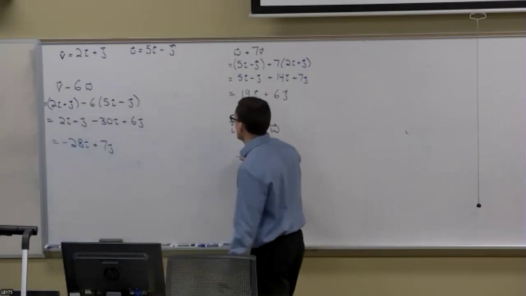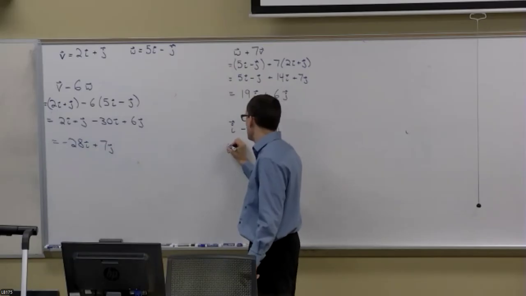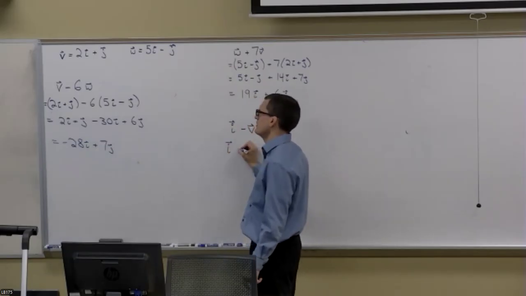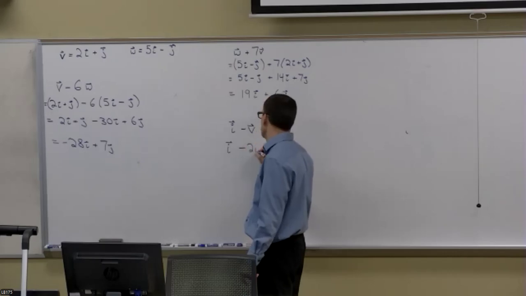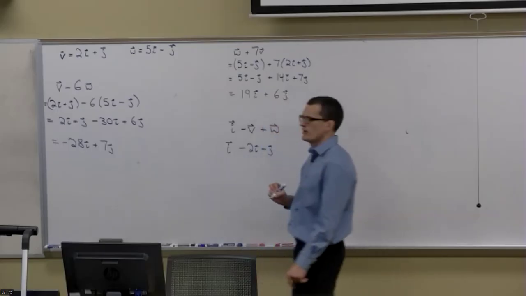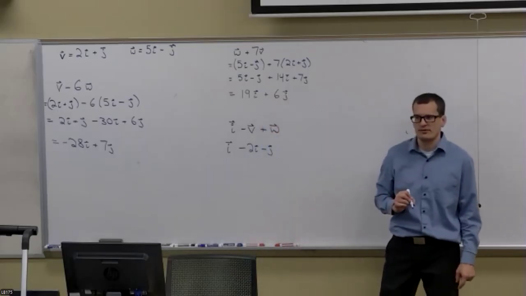And then this last one, we have I minus V. Now I'm going to do a distributive property right now, might as well, so I don't have to write another step. Is that okay?